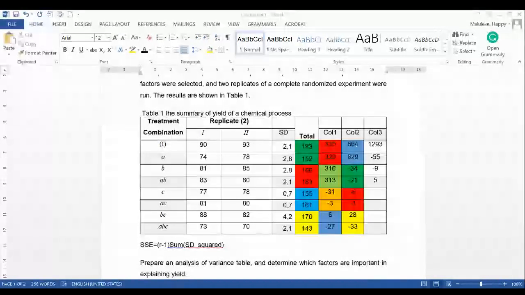I don't know what's happening now. Continue with the problem. Solve the problem while I'm trying to. Let me change the time.